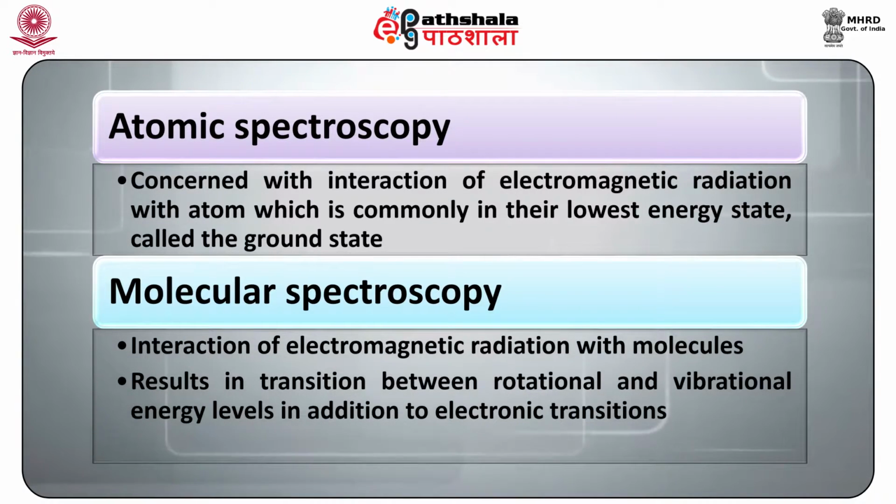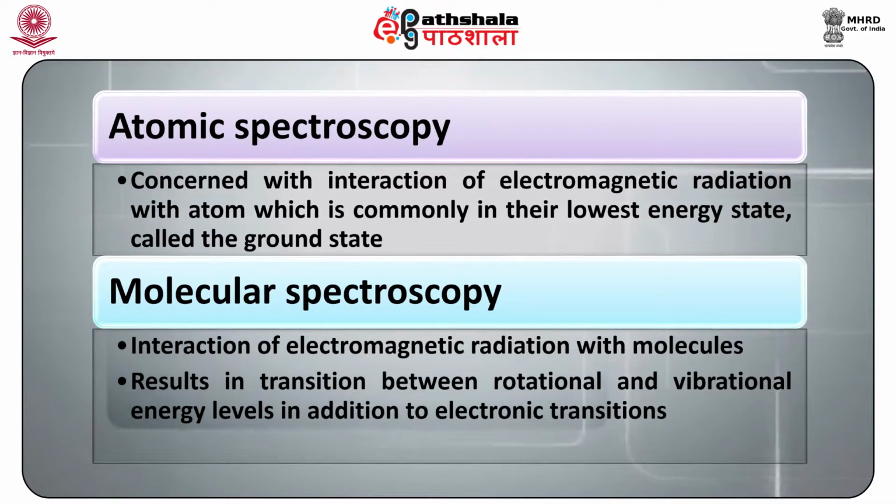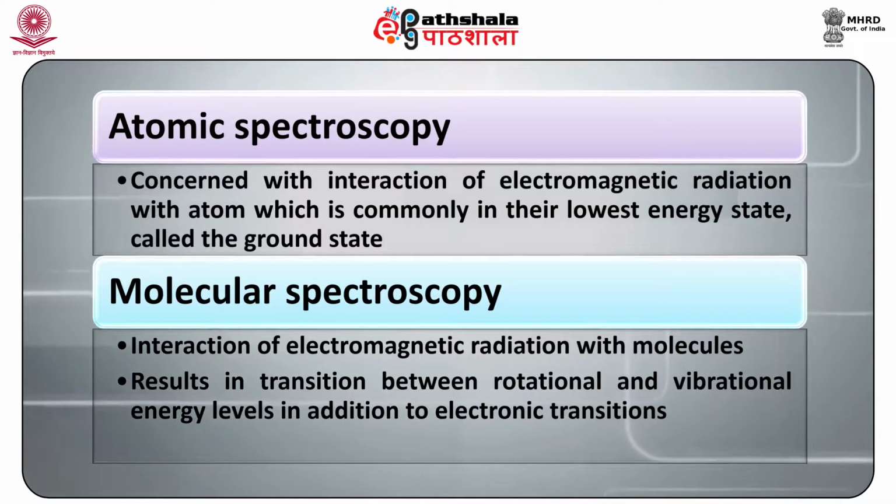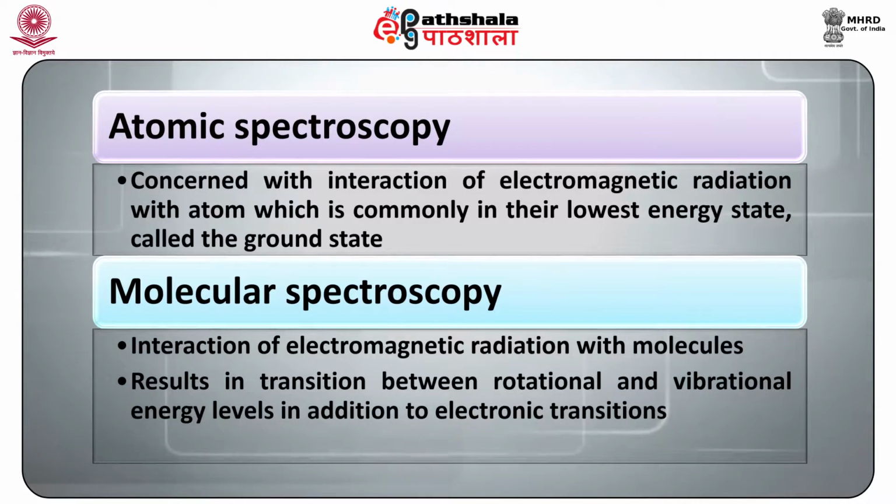Then we have molecular spectroscopy. It is interaction of electromagnetic radiation with the molecules. This results in the transitions between rotational and vibrational energy levels in addition to electronic transitions.